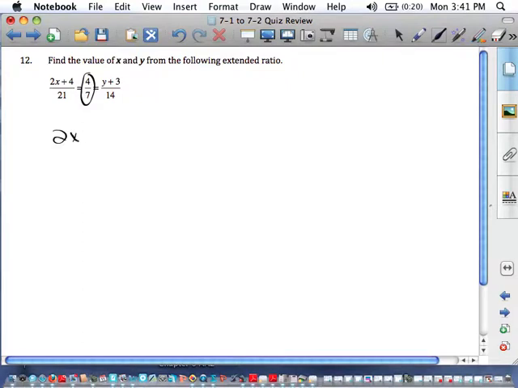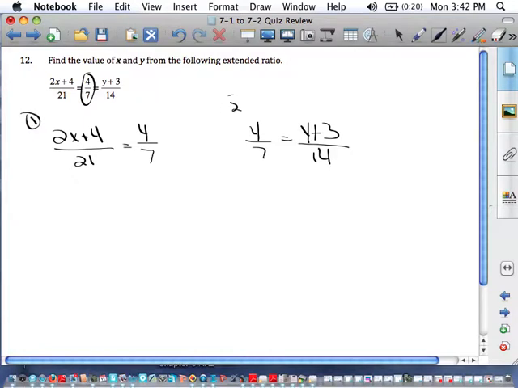So when I have 2x plus 4 over 21 equals 4/7, the only variable I'm looking at there is x. The next one will be 4/7 is equal to y plus 3 over 14. So in the second one, the only variable I'm looking at is y.